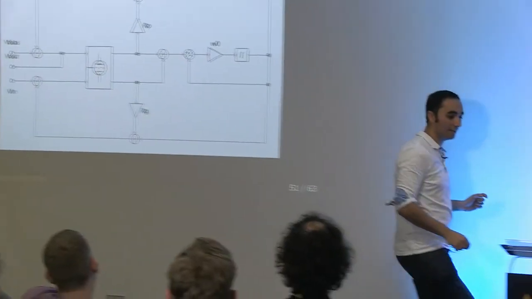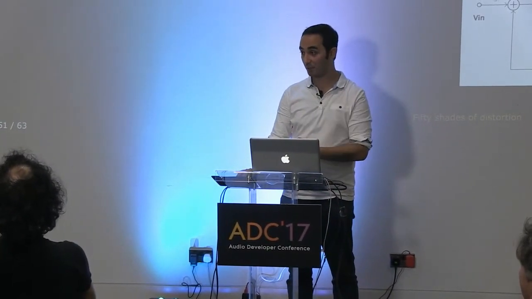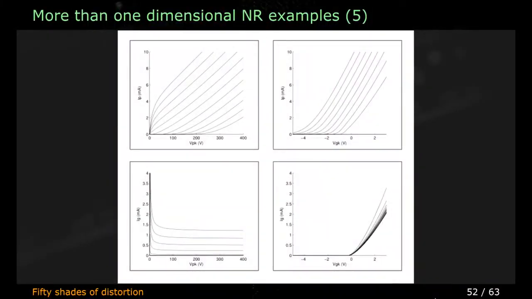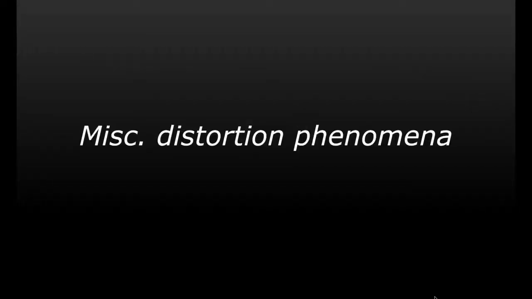We don't know exactly what it is. This is, in fact, a static waveshaper, really static, but with 2 inputs and 2 outputs. And this is the shape that this 2-input, 2-output waveshaper has, which has been measured on real triodes. And this is quite an interesting block to play with.